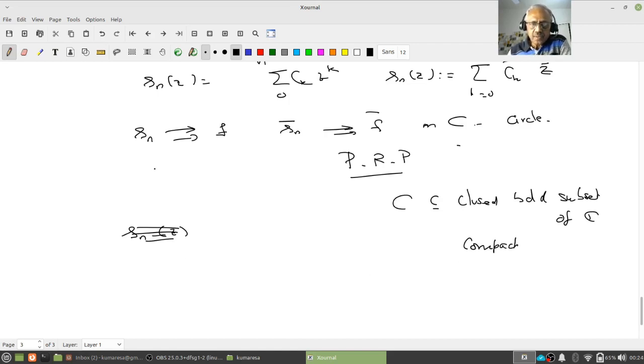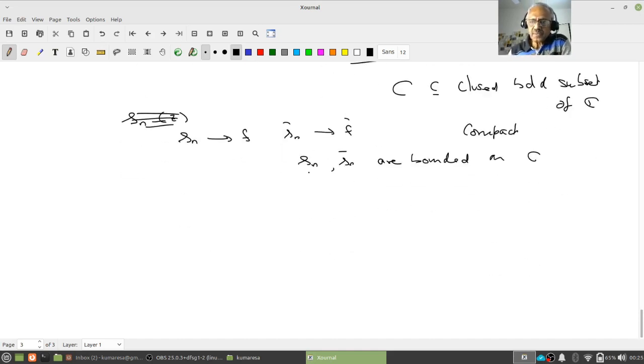Therefore these functions, and also since Sn converges to f and Sn bar of course converges to f bar, it follows that Sn and Sn bar are bounded on C. Since C depends on r, let me say bounded by a constant M. Are you following that? Sure? Okay. Sn, f, f bar, these are all bounded by a single constant M_r. Please make sure you understand this.